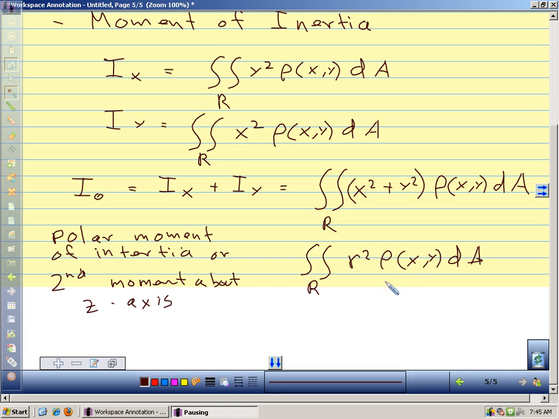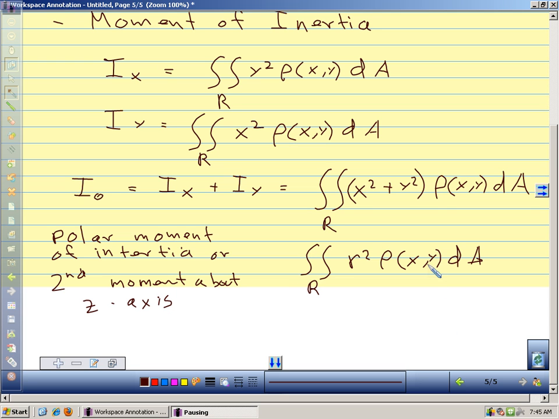So the r squared just measures its distance from the origin, and in the plane that's the same as its distance from the z-axis. So I sub 0 is just the sum of I sub x and I sub y. We set them up, we evaluate them just the same as we did our other double integrals. Questions on that?